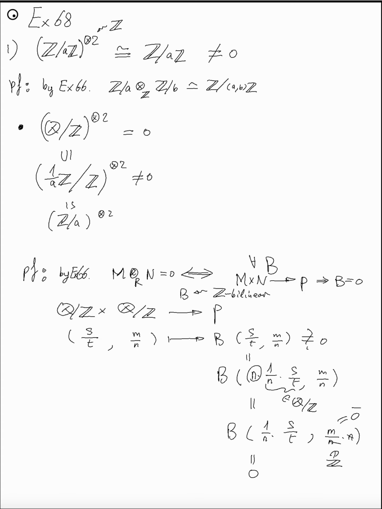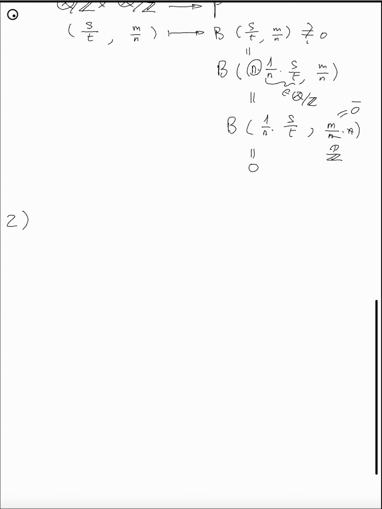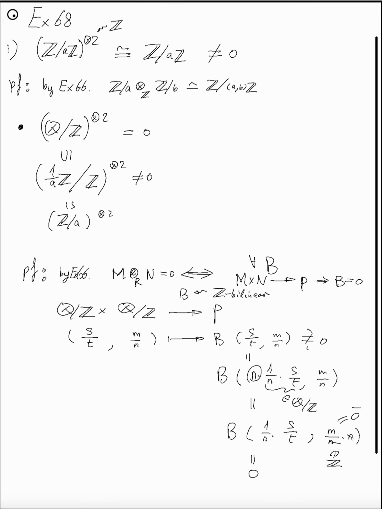Okay, so after these two small exercises, let's ask a more general question. Or let's be more direct. Our argument is that the difference between this first example and the second example is that this is a finitely generated Z module, while this is not a finitely generated Z module.